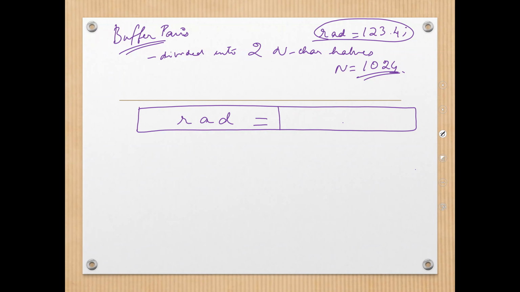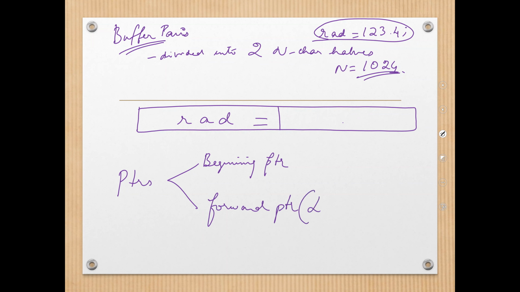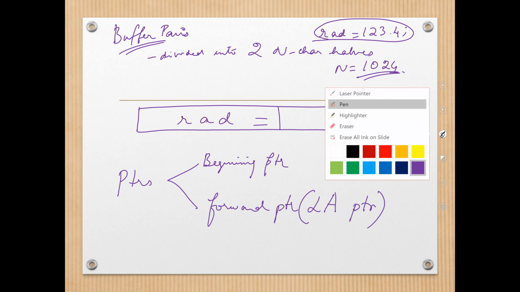Now, for buffer pairs, you will have two pointers. The first pointer is called the beginning pointer, and the second pointer is known as the forward pointer, or the look ahead pointer.